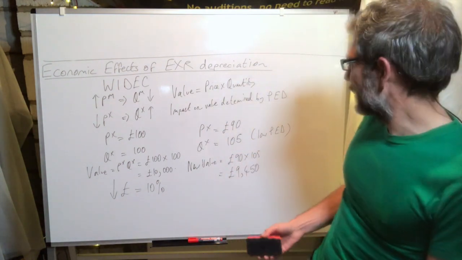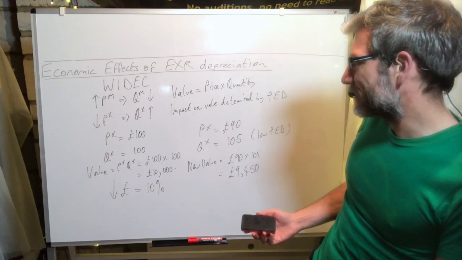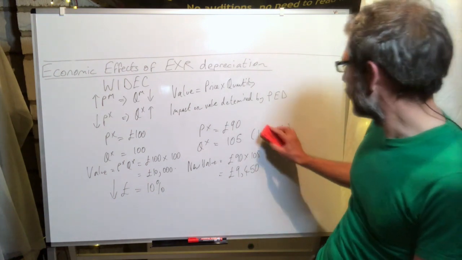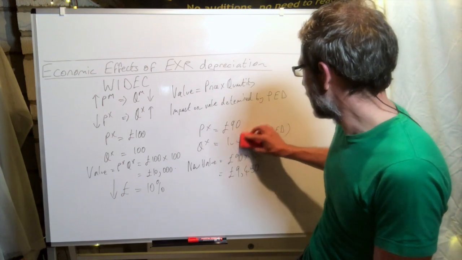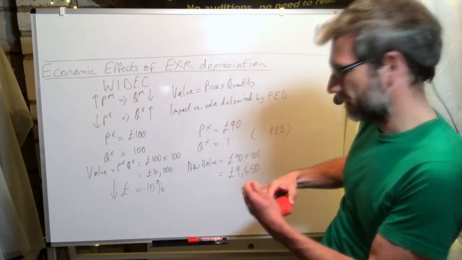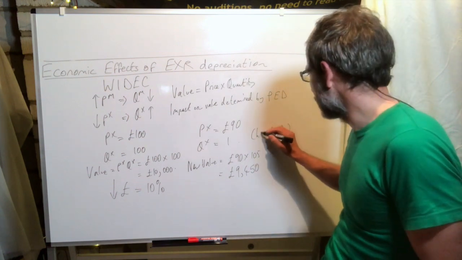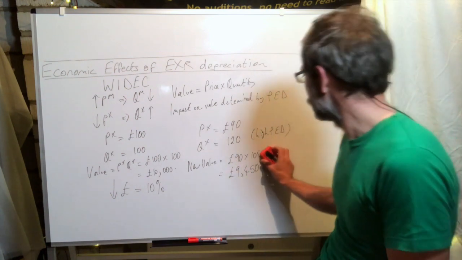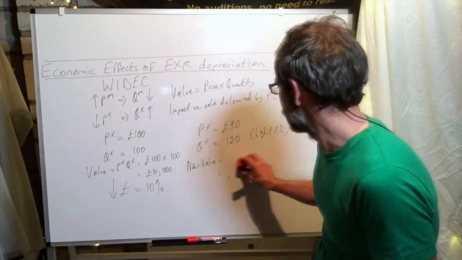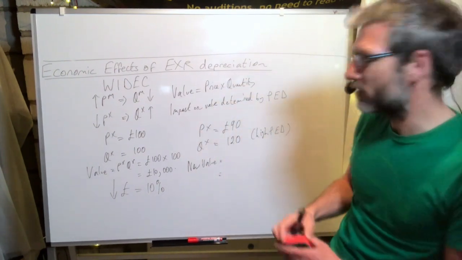Let's take another example now. Let's say the demand has risen by more than 10%. So if we now take a high PED, and let's say the quantity demanded has gone up to 120. So we've got a 20% rise in demand.